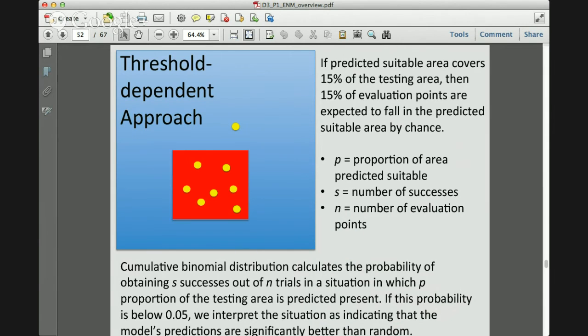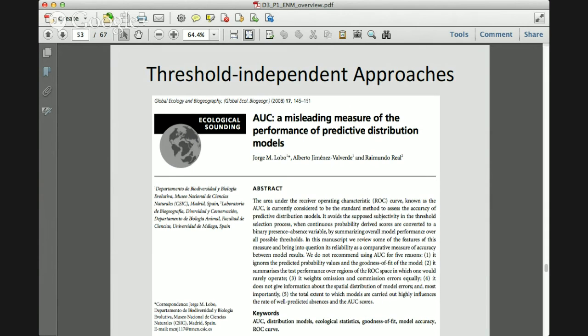And in the simplest sense, we can do exactly that. Luis is going to talk about threshold-dependent approaches. This is the cumulative binomial distribution. And then in a continuous sense, we can talk about threshold-independent approaches.